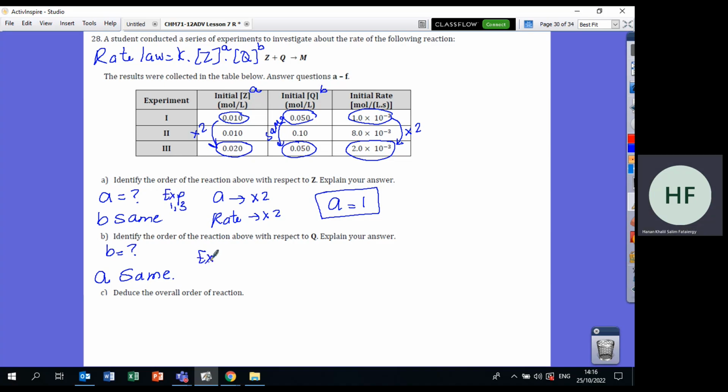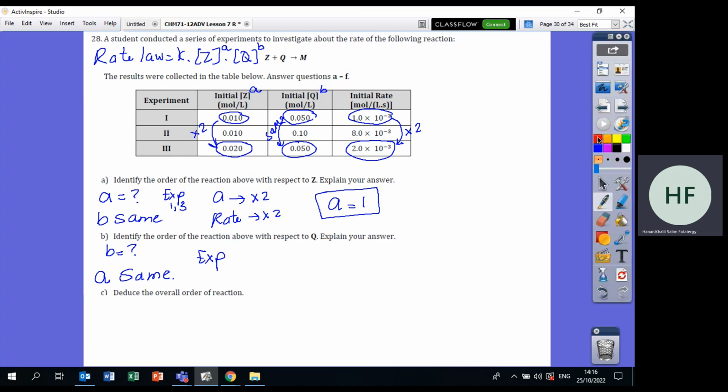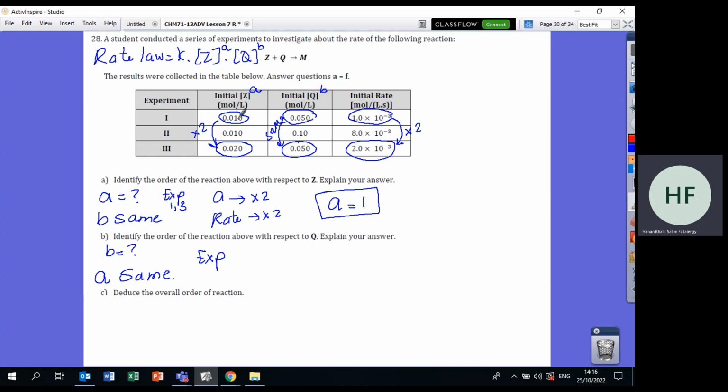Now let's choose experiments. I want to see the experiments in which A is the same. Here A is the same in this one and this one. So I will choose this experiment and this experiment, and I will see what happened here and what happened here. See, so here this is the same. Here 0.05 became 0.10, so this is multiplied by 2.